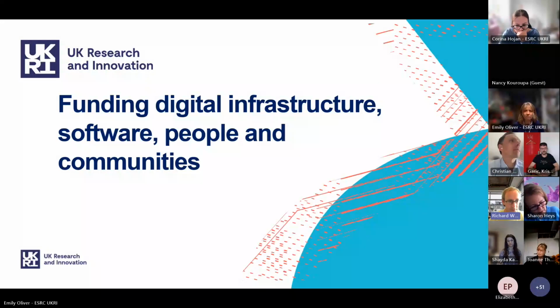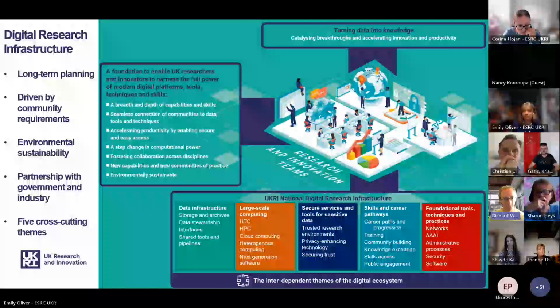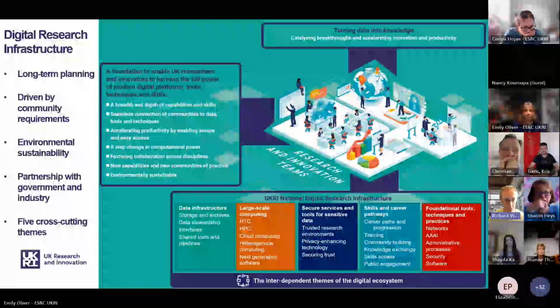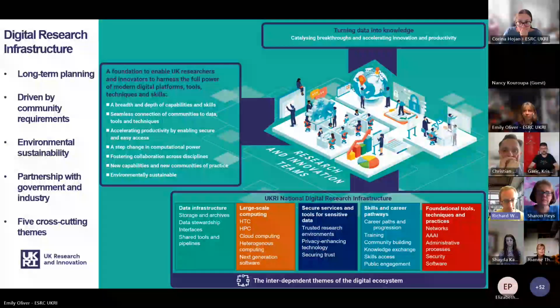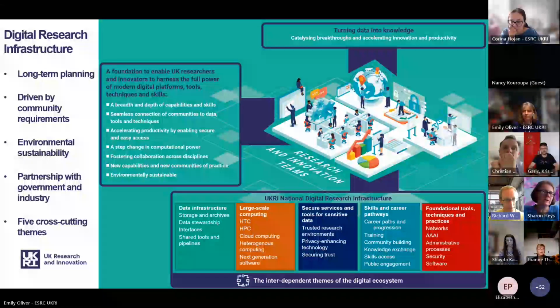If I could move on to the next slide, please. So DRI was put together about a couple of years ago to think about how UKRI and all the councils could contribute together to fund digital research infrastructure for the rest of this decade and beyond.